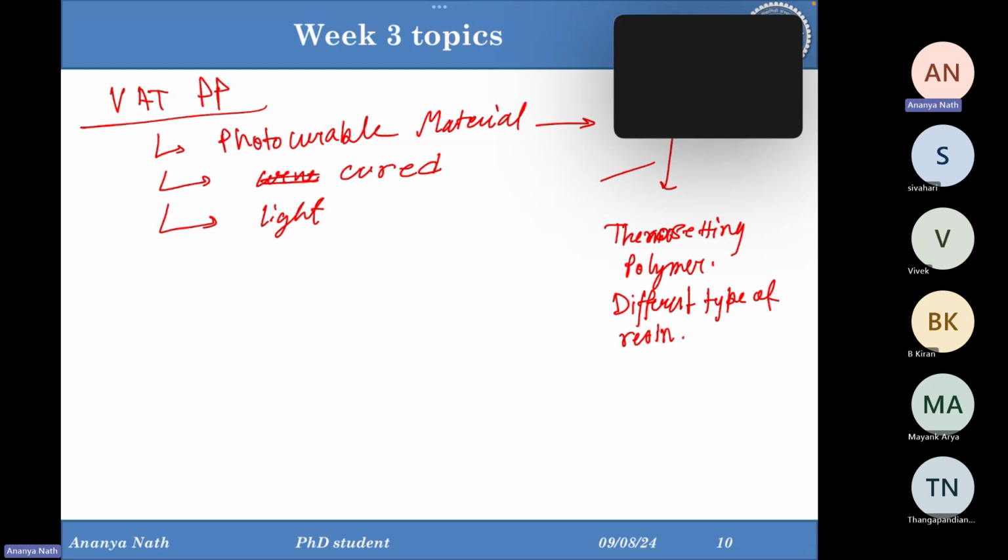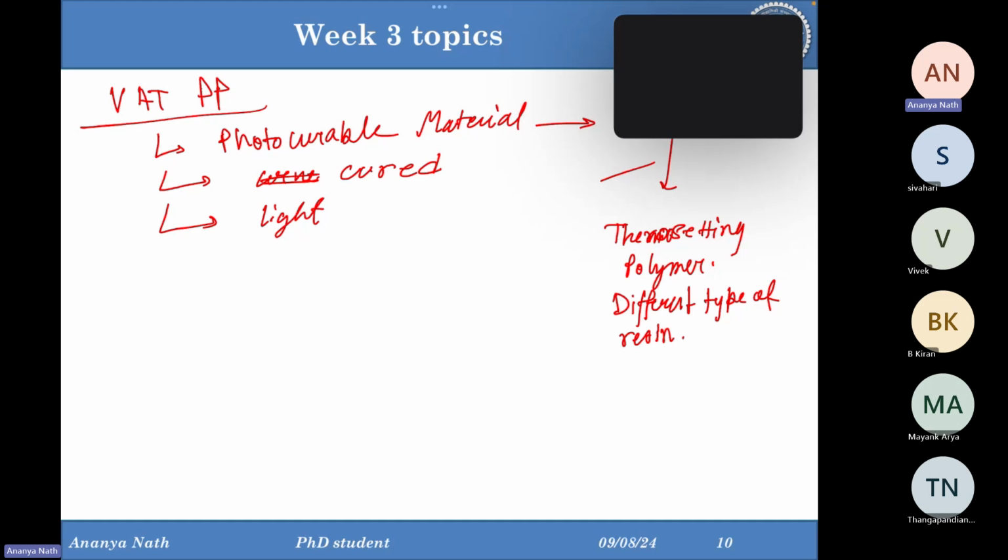Now, what do you mean by particular light? Light has a specific wavelength. So, the visible light has a wavelength range from 400 to 700. So, it's a huge range. Okay, I made some mistake.